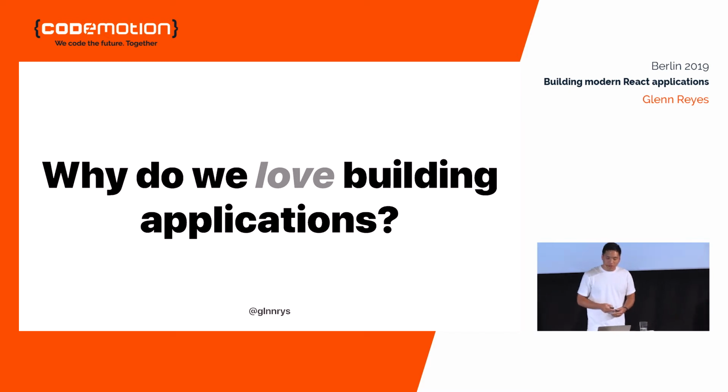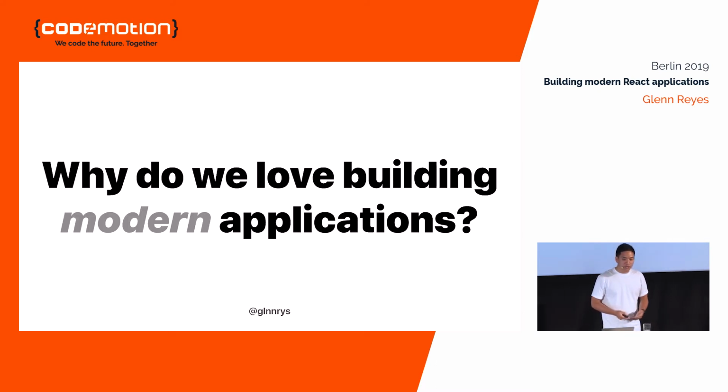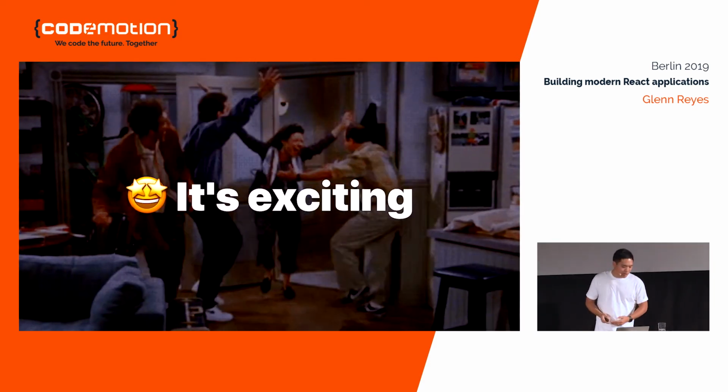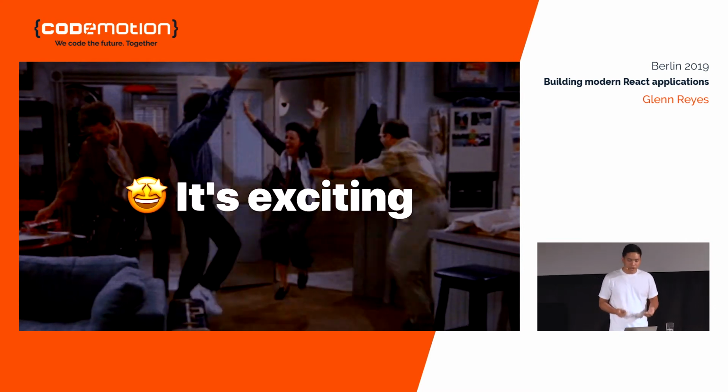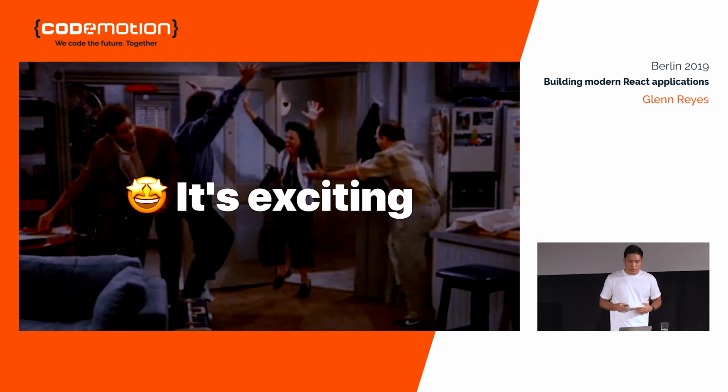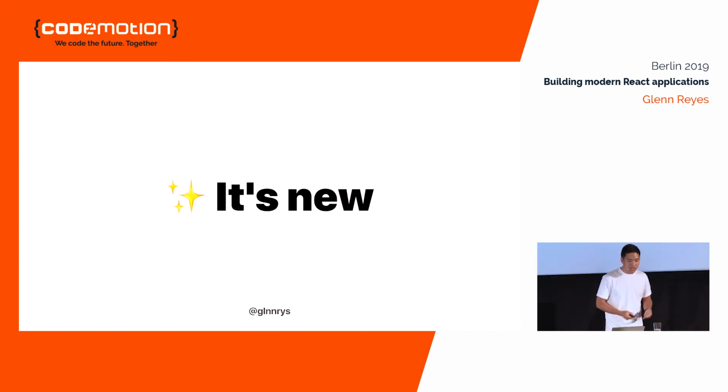So let's kick off this talk with the question: why do we love building applications? But more especially, why do we love building modern applications? The term modern implies something new, something that is updated, or something that's fresh. And especially when we create something new, we get this kind of joy and happiness in our life, which is nice.